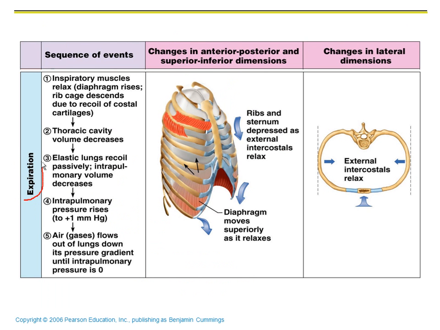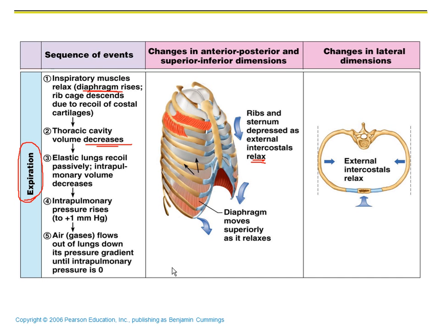Now, quiet expiration is passive. To exhale quietly and calmly, you simply relax the external intercostals and relax the diaphragm. When you do that, the thoracic cavity size decreases. Your rib cage goes down.